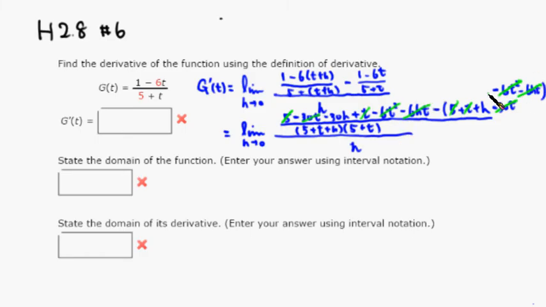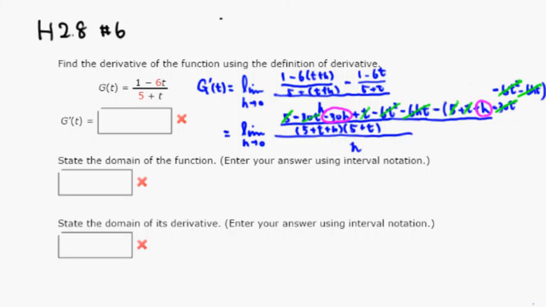So you can cancel those, and what's left is a negative 30h here minus h.